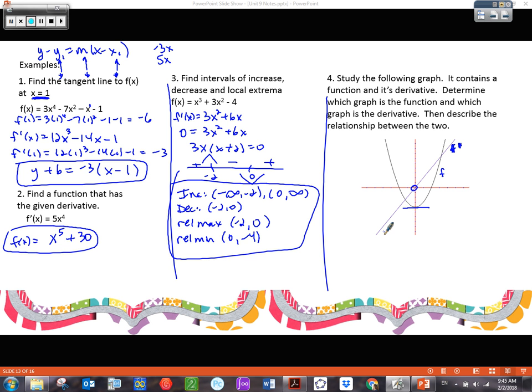Yes, that checks. Decrease, negative. This function is increasing on this side. What should the y value of the derivative be on this side? Positive. See how the y value of the derivative is positive? So check, check. That's perfect. So the blue one is f prime and the black one is f.